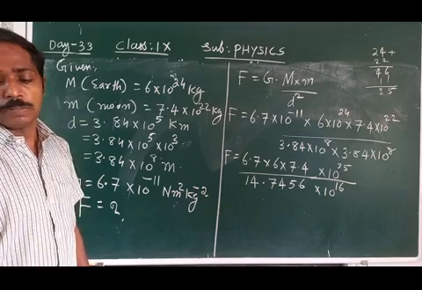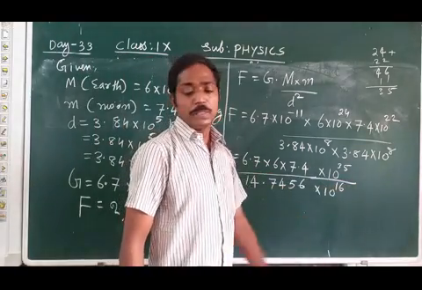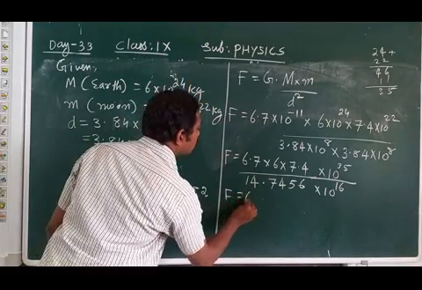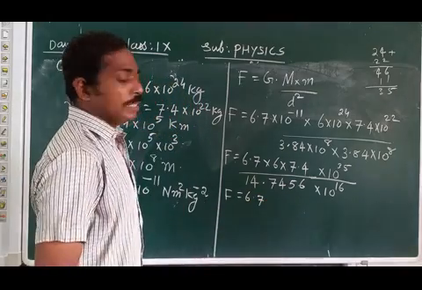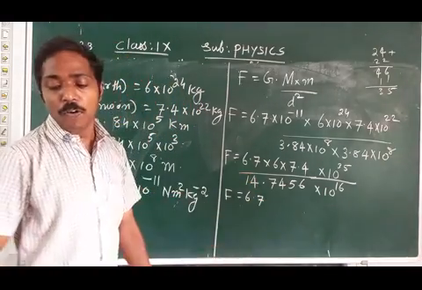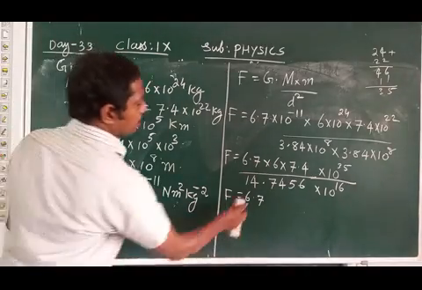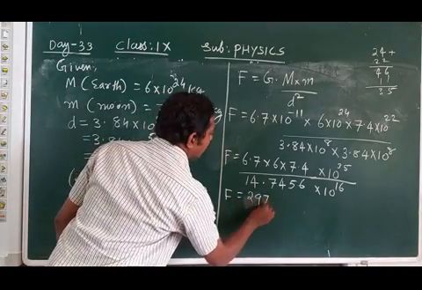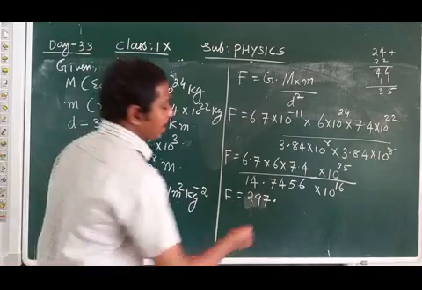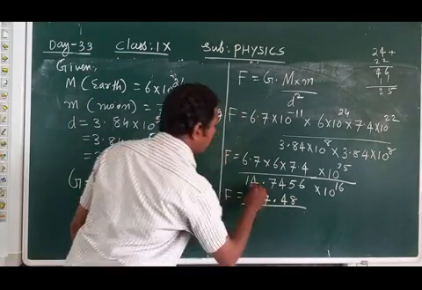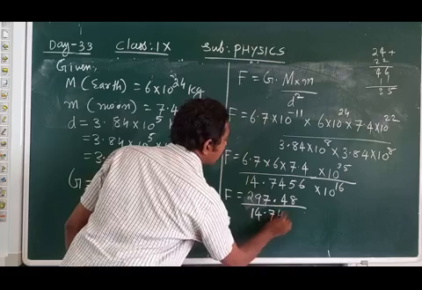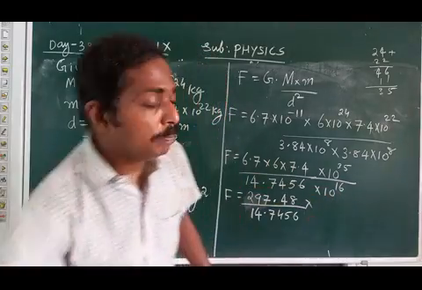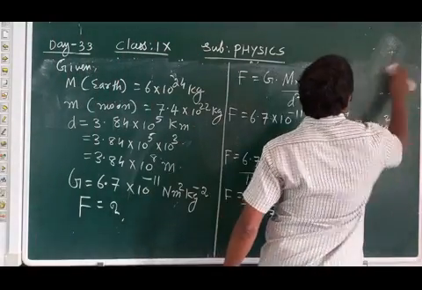Exponentials we add. Then this 16 when we take to the denominator, we will get F equal to 6.7 into 6 into 7.4, which gives 297.48 divided by 14.7456 into 10 raised to the power.